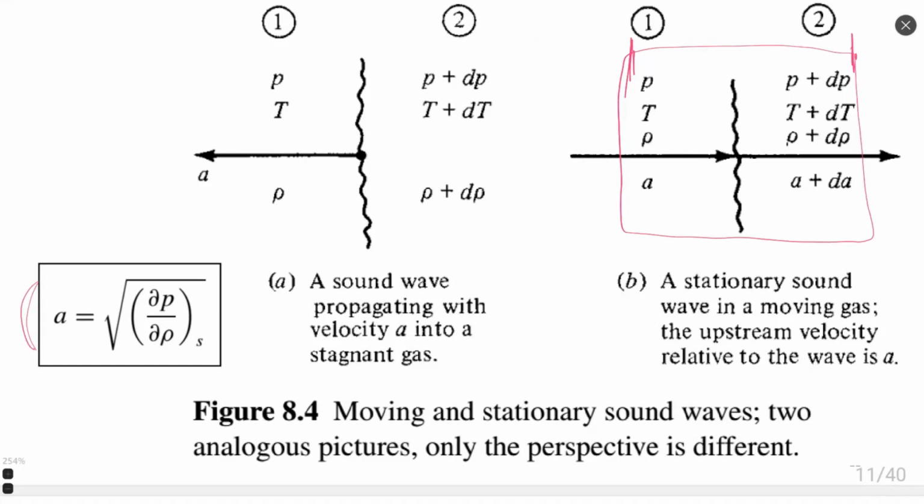Velocity in this case is represented by letter A, the speed of sound, because we already agreed that the flow is moving with the speed of sound. Since temperature, pressure, and density change, the speed of sound after the sound wave is also different. So it's A plus dA.